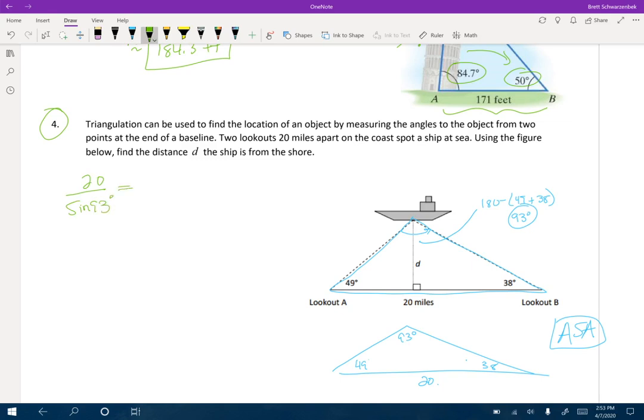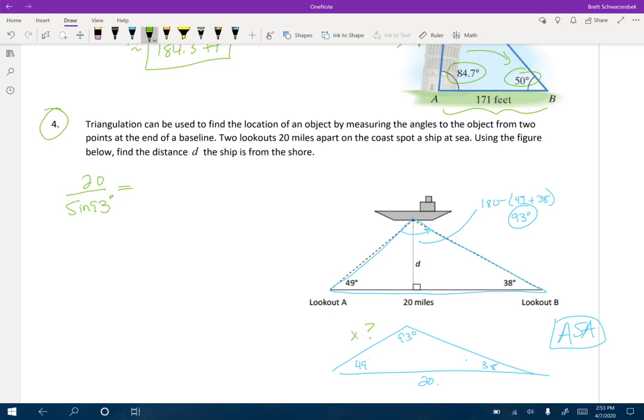Okay, if we do that, we basically just have to choose which one of these sides we want. It actually doesn't matter which side we pick, and I'll show you that later. Let's just do the one on the left. So if we set up that ratio, we'll call this x.